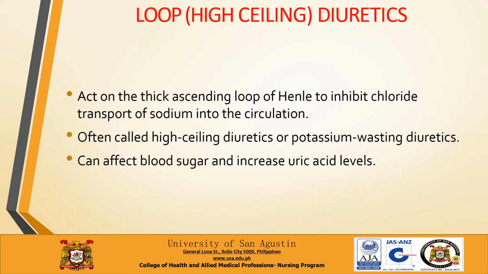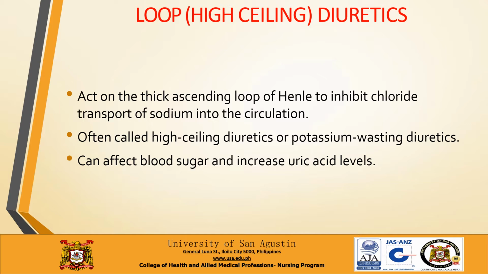Okay, aside from the thiazide diuretic, guys, there is also another type of diuretic, which is your loop diuretic or high ceiling diuretic. Another name is potassium wasting diuretic. When we say potassium wasting, it excretes the excess potassium, because it affects the cardiac contractility of the heart.